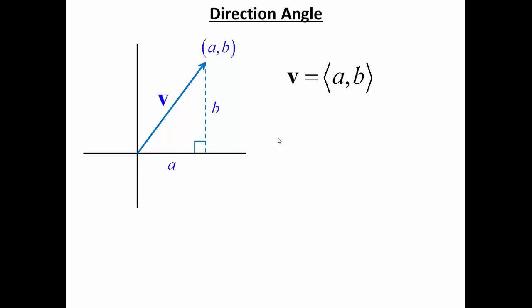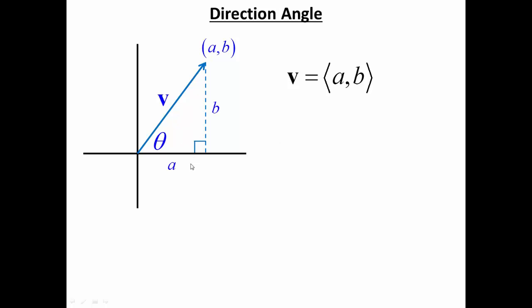We can figure out direction simply by using a little bit of right triangle trigonometry. Remember that direction can be described using just the angle theta, the angle that the vector makes with the x-axis. Alright, so keeping in mind A and B represent the x and y axes respectively, we can figure out theta.